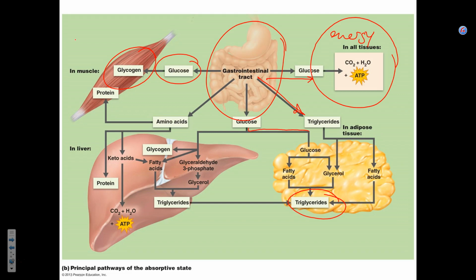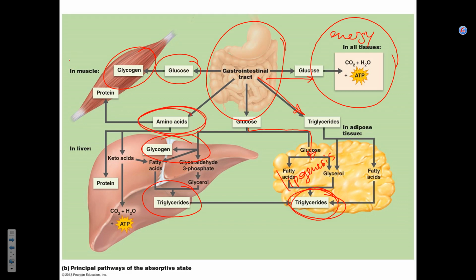When glucose is reaching adipose tissue, it will be used in the process of lipogenesis to produce triglycerides. Does that make sense? In the liver, glucose will be stored in the form of glycogen. And it will produce triglycerides as well.